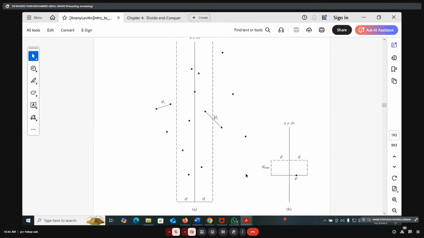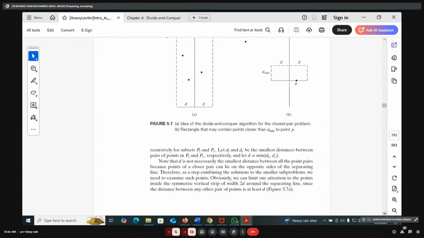Some of them said compare the 6 coming points, some said compare the 7 coming points, and some said compare the 8 coming points. So 5 coming points, and some say 6, some say 7. I compare this point with the next points and check what the distance is.